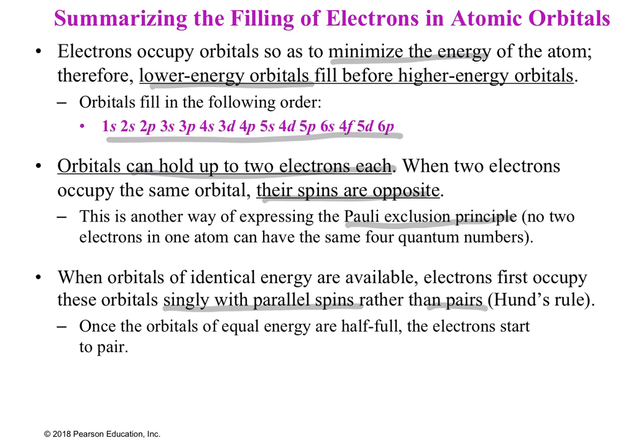That's Hund's rule. And just to help you remember, this rule here is the Aufbau principle, saying fill from low energy to high energy. So you do need to remember Pauli exclusion principle, Aufbau principle, Hund's rule.